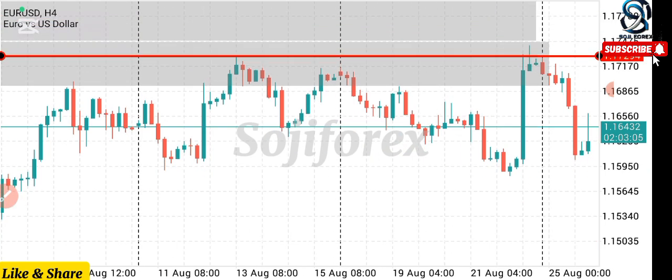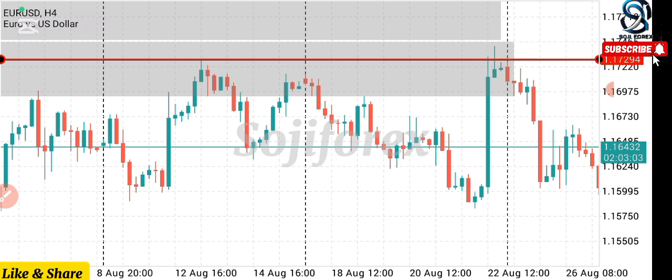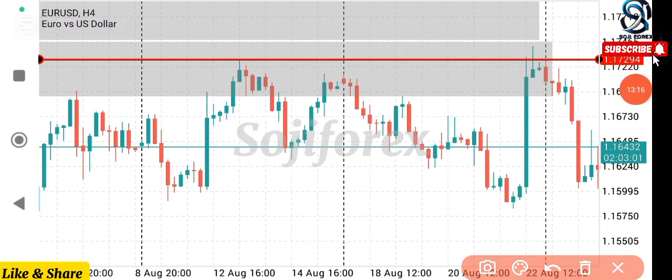So you can see exactly what happened here. You see this wick was thrown above this particular structural point. So with this wick, there are many people who already sold. When this price moved here, there are many people who sold already.